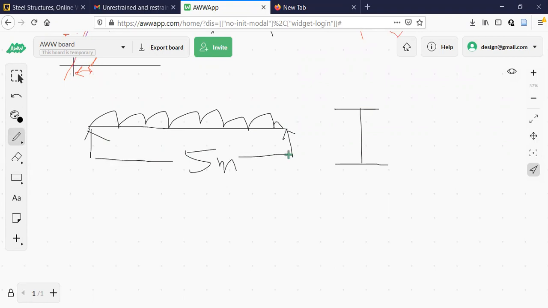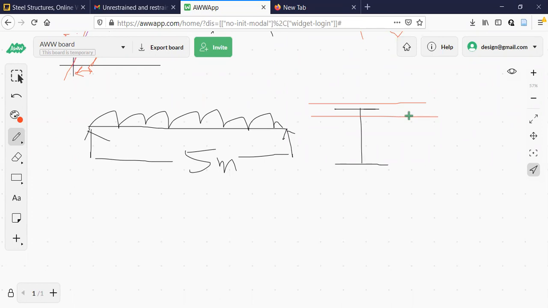It is a restrained beam. This part, this much, is inside the concrete, let us say. The compression flange is restrained. Can you get this value? Can you find out the moment carrying capacity?